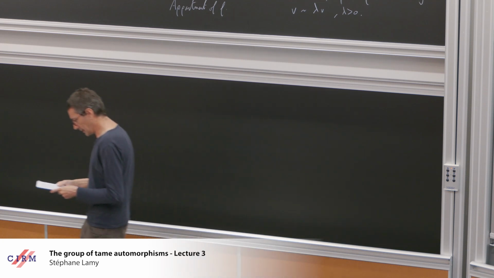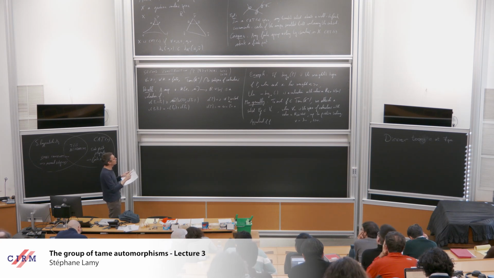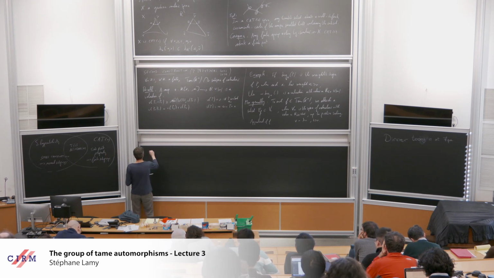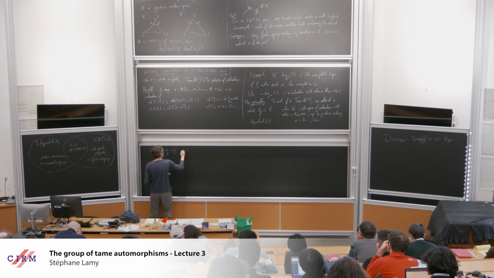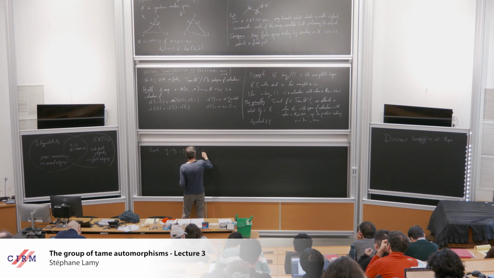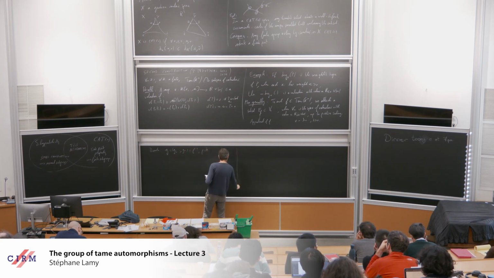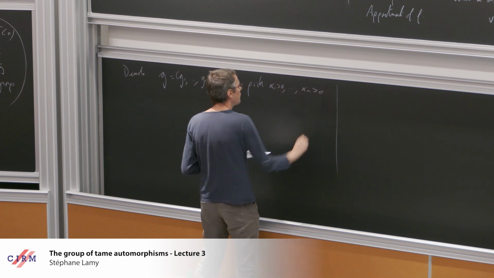Okay, so what is this EF? For reasons that you will understand just after, I'm going to use not really F, but F inverse. So denote G = (G1, ..., Gn), the components of F inverse. Pick some positive weights, alpha 1 to alpha n.